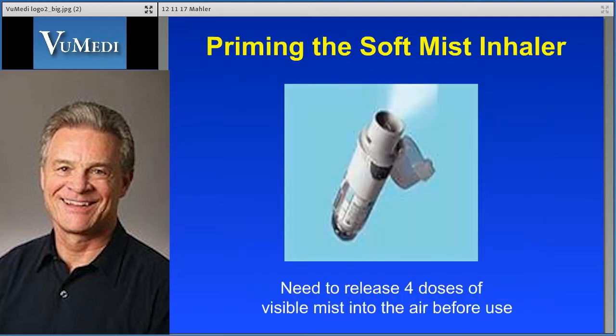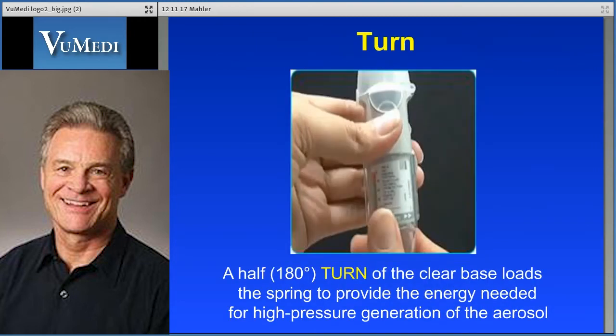The soft mist inhaler should be primed, as also discussed with the metered-dose inhaler. Recommendations are to release 4 doses of visible mist into the air before use. To do this, the first step is to turn the clear base, which loads the spring, to provide the energy needed for high pressure generation of the aerosol.